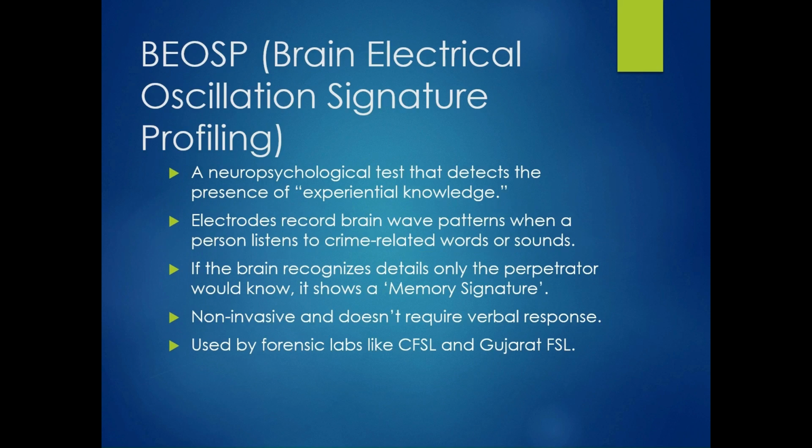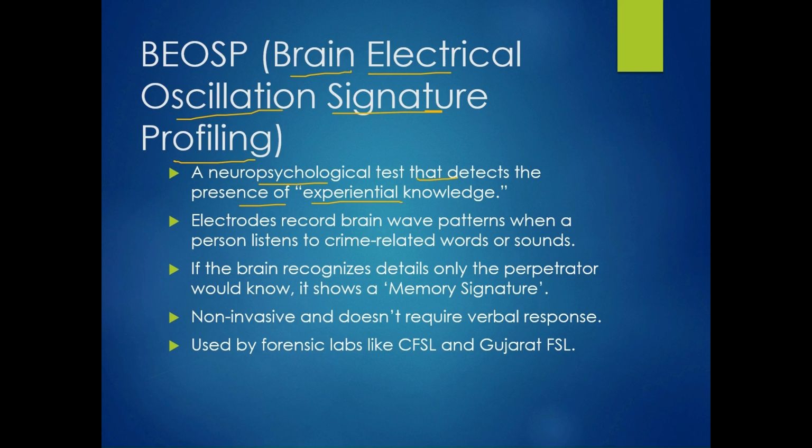The next tool we have is BEOSP, which is short for Brain Electrical Oscillation Signature Profiling. This is a neuropsychological test that detects the presence of experiential knowledge in the brain. When a person listens to words, images or sounds related to the crime, electrodes capture the brain's electrical activity.